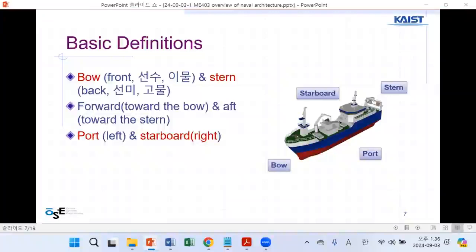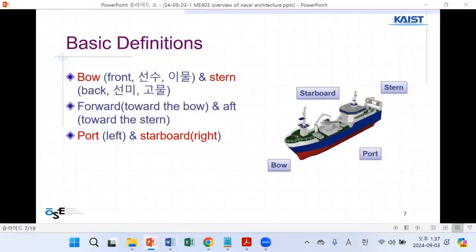So it's the front of the ship, back of the ship, right hand side and left hand side. You can expect that every time the ship is putting its face to the land, the left hand side is to the left. That's why they say port side. The left hand side is the port side.